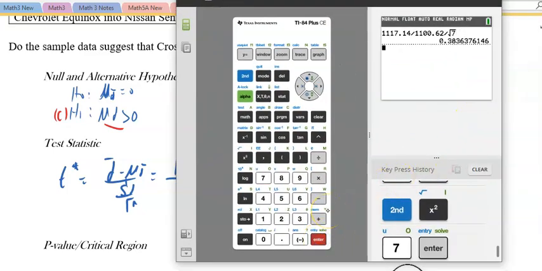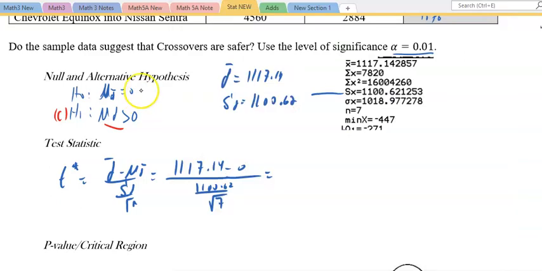It equals, and I'm getting, I must have messed up somewhere. I lost something. That's odd. Let me check really quick.